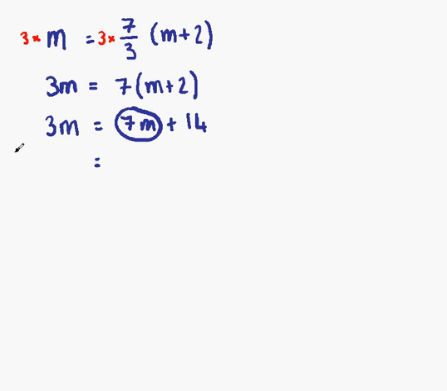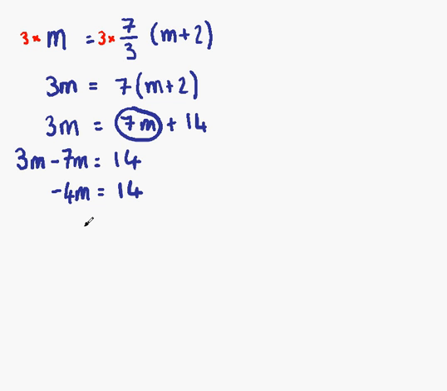First of all, writing down the things that are staying where they are, so 3m and 14. 7m means positive 7m. When it moves across the other side, that becomes minus 7m. So we have 3m minus 7m equals 14. 3m minus 7m is minus 4m. That's equal to 14.